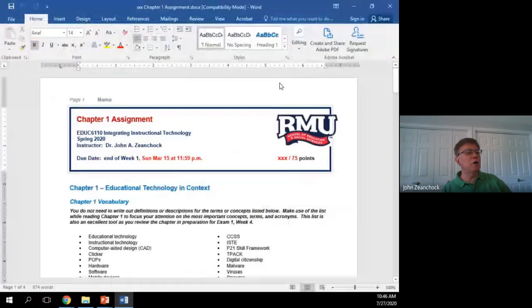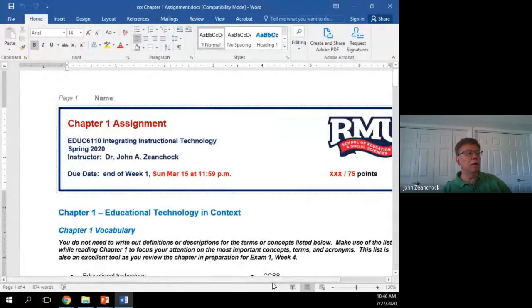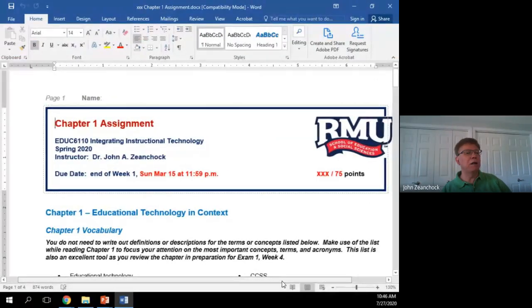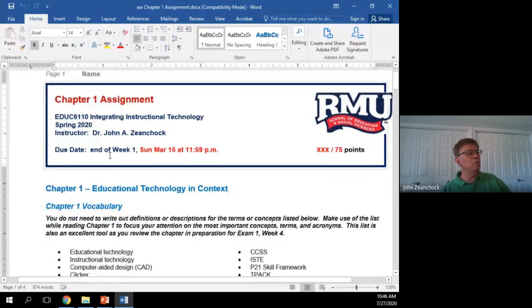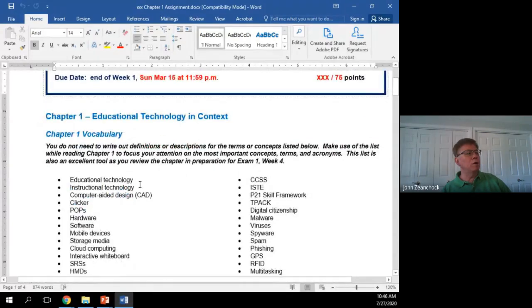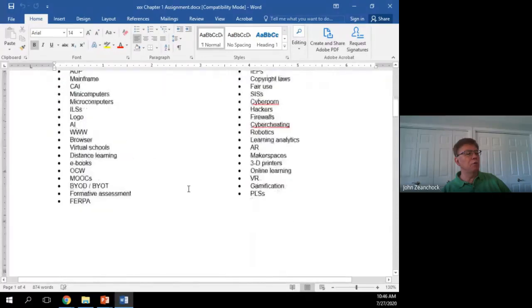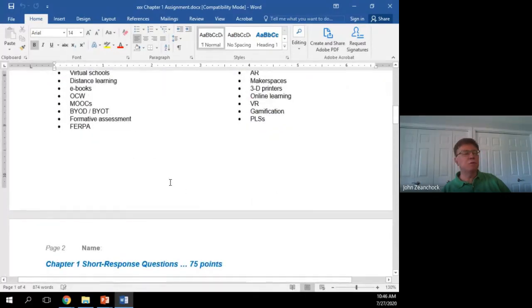So I'm going to bring up the document here and show you what I mean. So this is an attached document. I set this up as a template for students, and I tell them when the assignment is due and how many points it's going to be worth, and that it covers chapter 1 in the textbook, and some of the terms that they need to become familiar with, technological terms from the chapter.